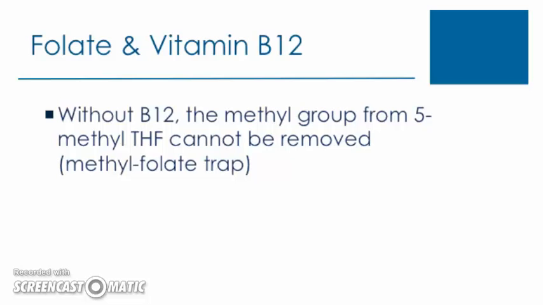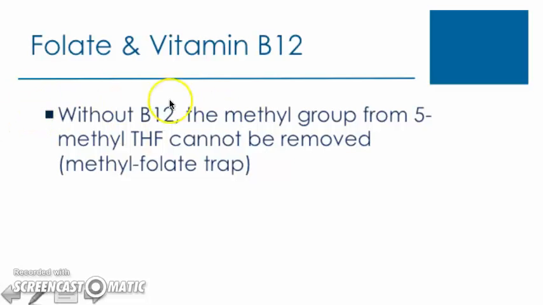We saw the involvement of cobalamin in transferring the methyl group from 5-methyl tetrahydrofolate to homocysteine so that homocysteine can become methionine. And that's, of course, with the activity of methionine synthase as well.